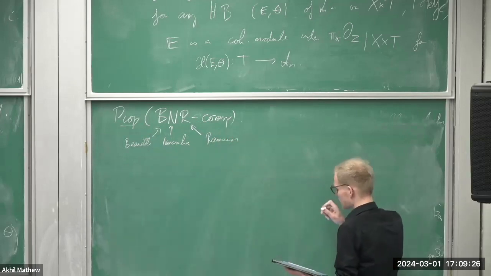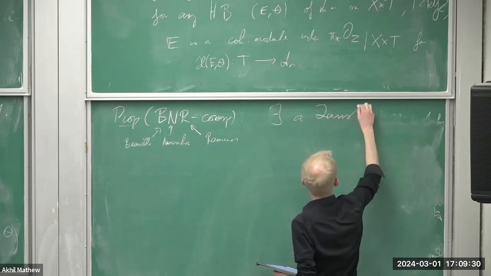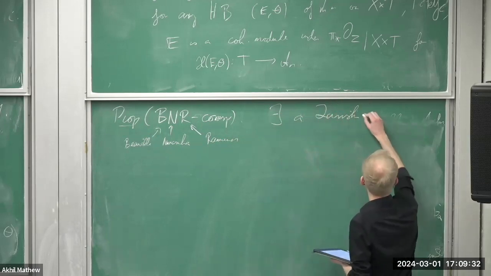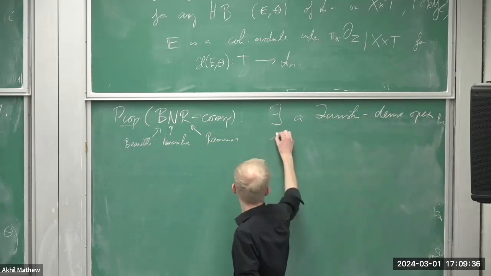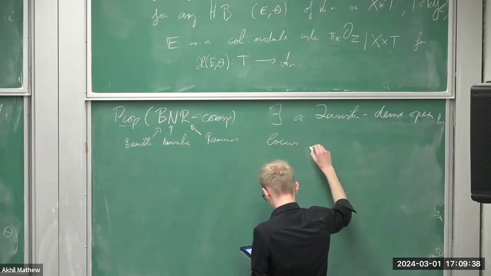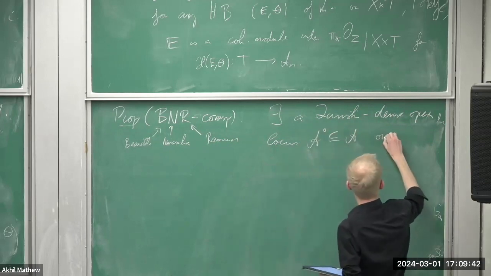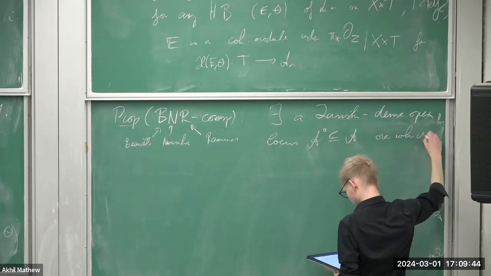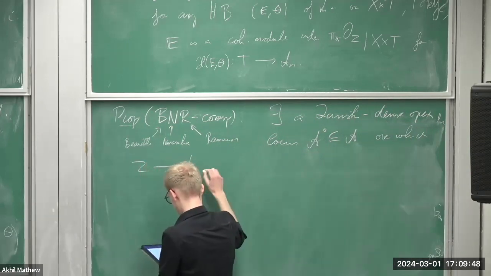Okay, and this says that yes, there's a richly dense open locus, which I'm going to denote by a sub, over which, first of all, the spectral curve becomes smooth.